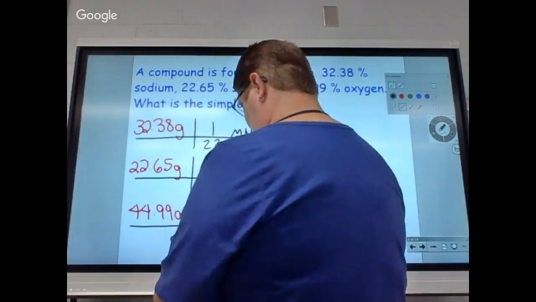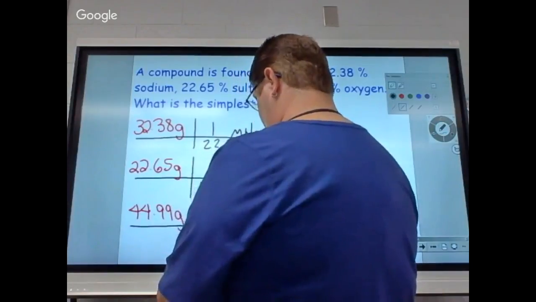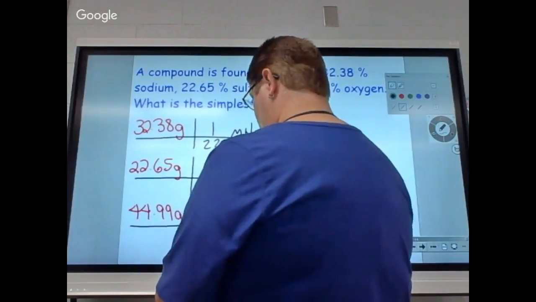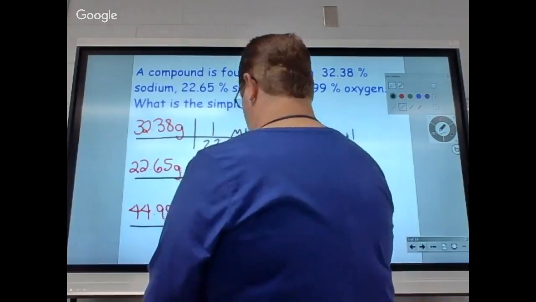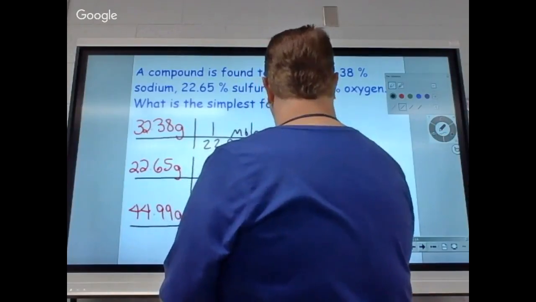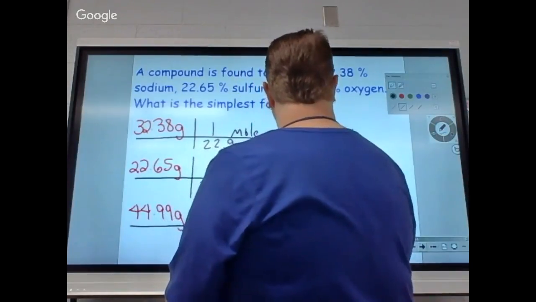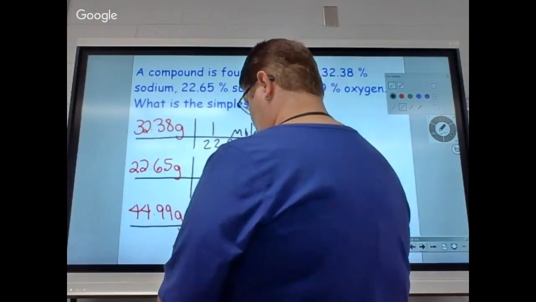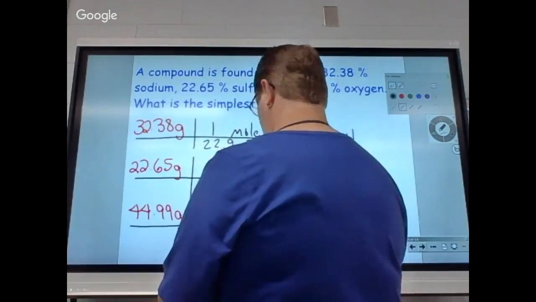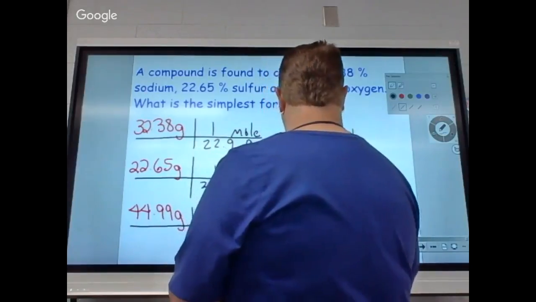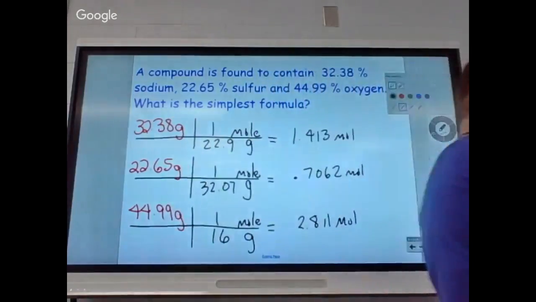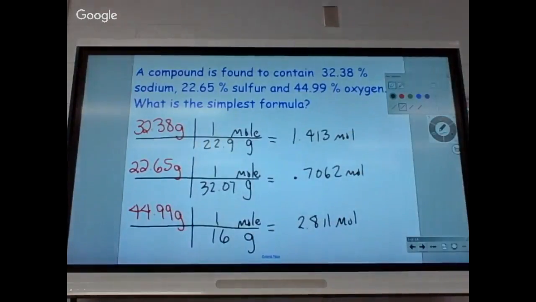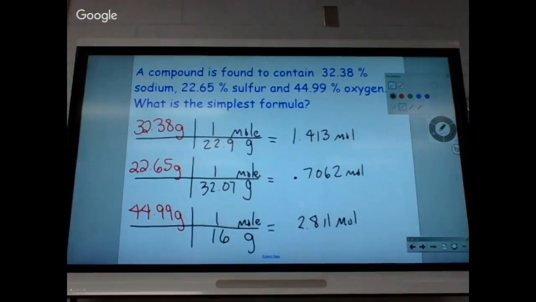Now, notice when I divide, am I rounding off to just one number? You want to take it out several decimal places because I have a couple problems. If you round too much, you will get the wrong answer. All right, so we've done step 1 and step 2. I've gotten rid of percents. I've converted to moles.